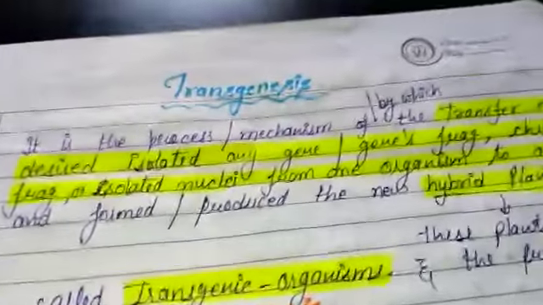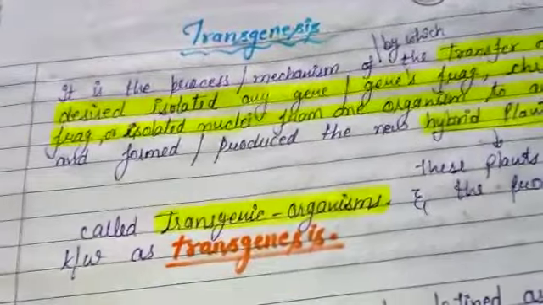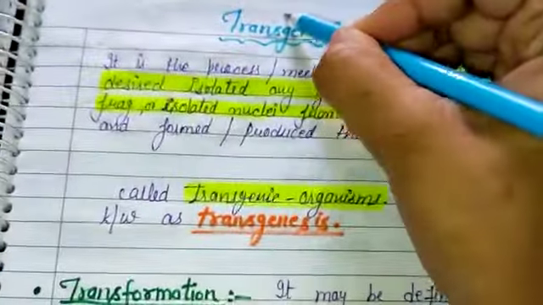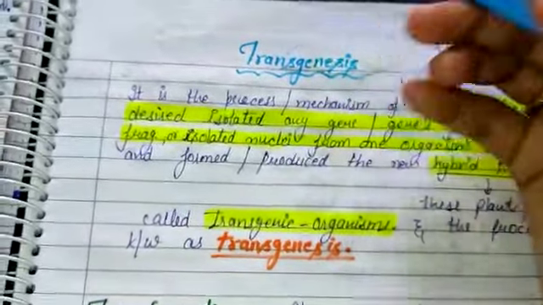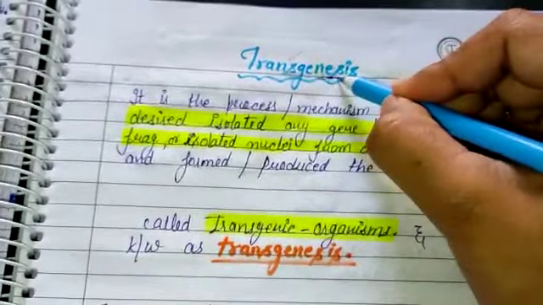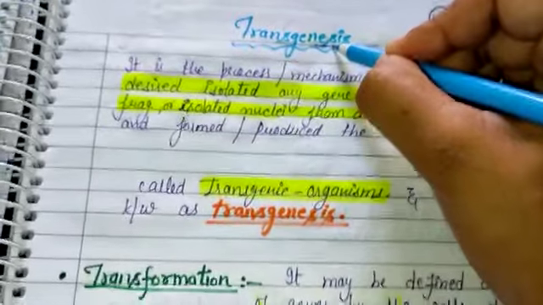You all know about the process of transgenesis. Trans means transfer from one organism to another organism, one place to another. And genesis is the mechanism, any process. Clear?